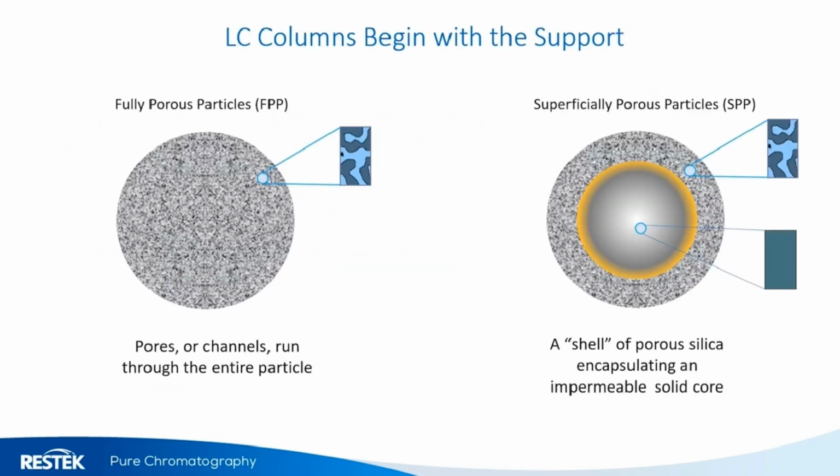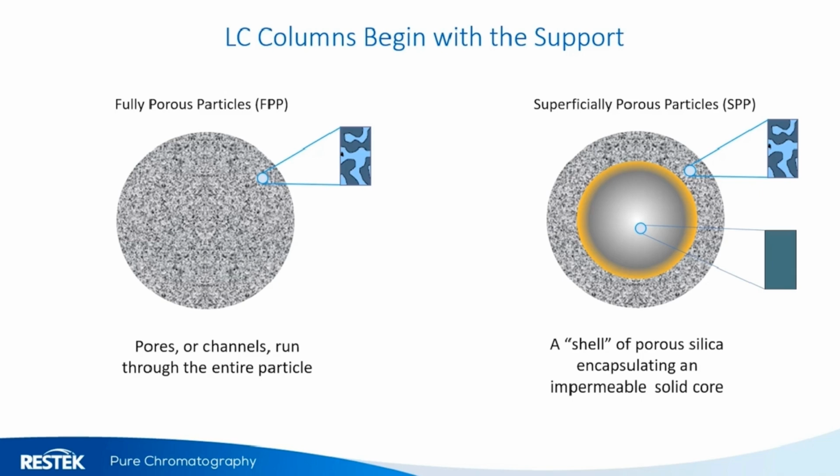One of the first choices we have to make for modern HPLC columns is the choice of silica in our column. We now have two distinct choices to make: the fully porous particles or the superficially porous particles.